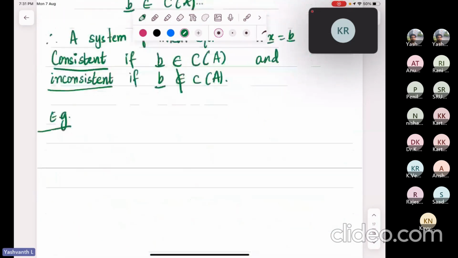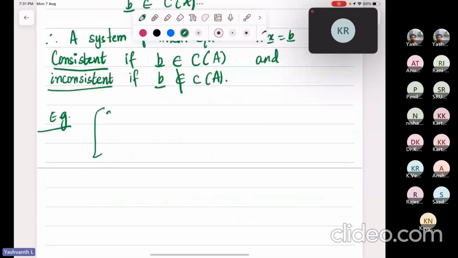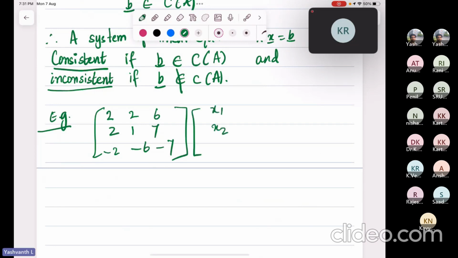I have not tried it, but let's see. The matrix 2, 2, 6; 2, 1, 7; minus 2, minus 6, minus 7, times x1, x2, x3, equal to 4, 6, minus 1. Let's compute the determinant of this.